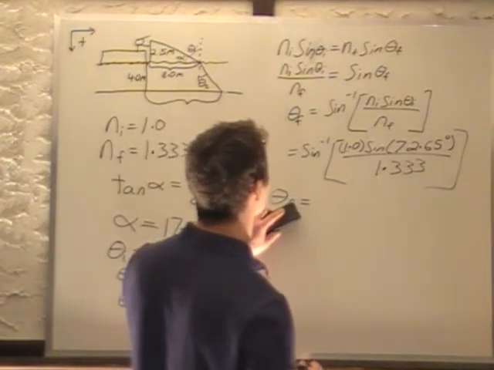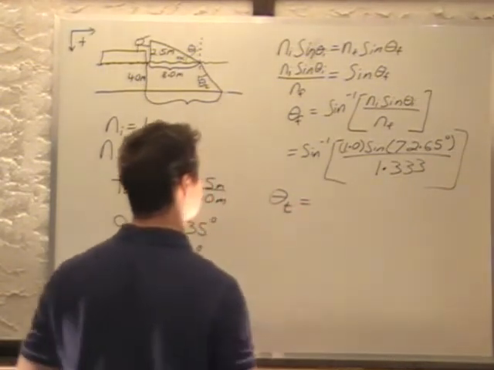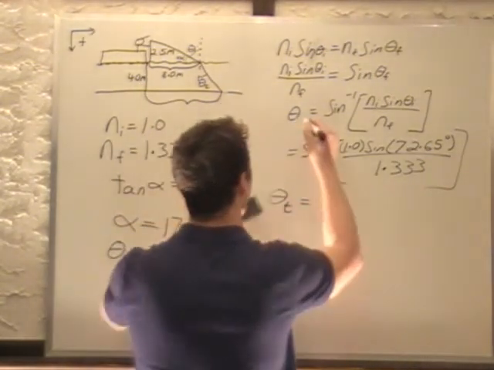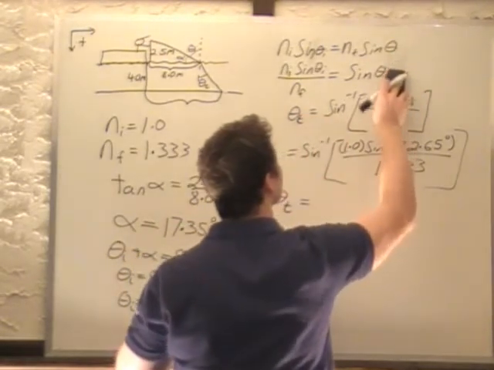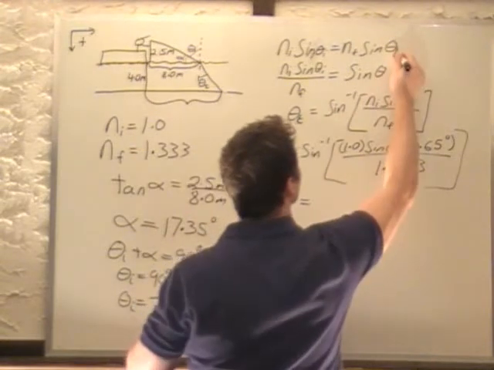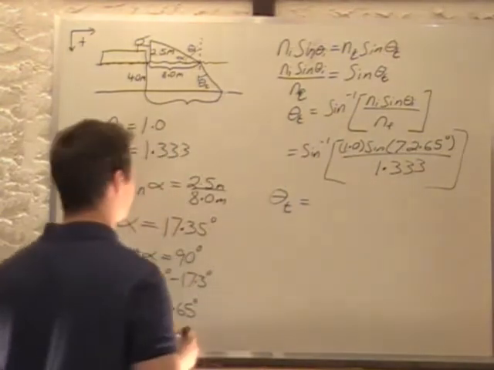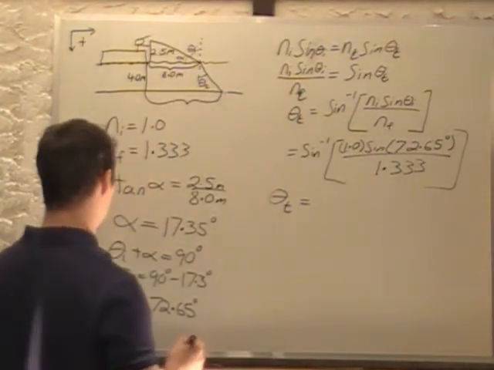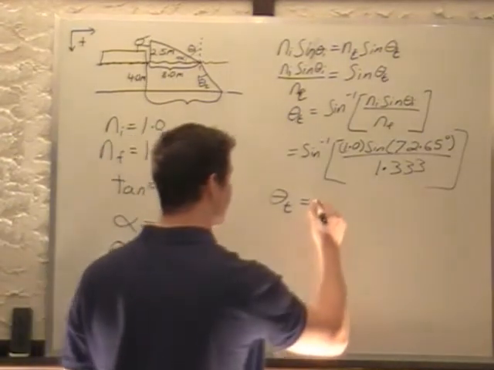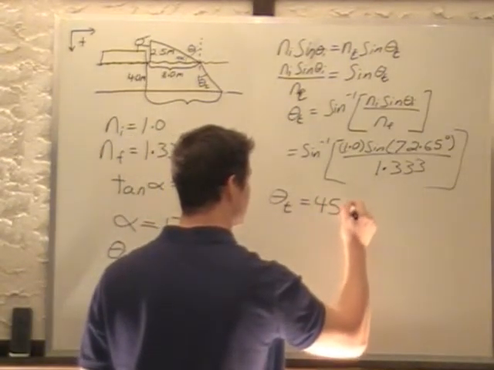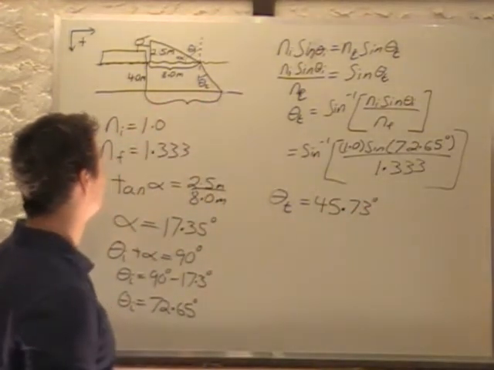Sorry, that should be theta transmitted. I called it theta final, but that's okay. We'll call it theta transmitted. Okay, so our transmitted gets to be a value of 45.73 degrees. So this angle here is 45.73 degrees.